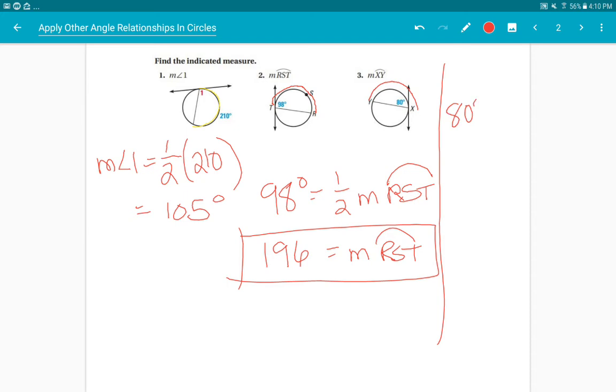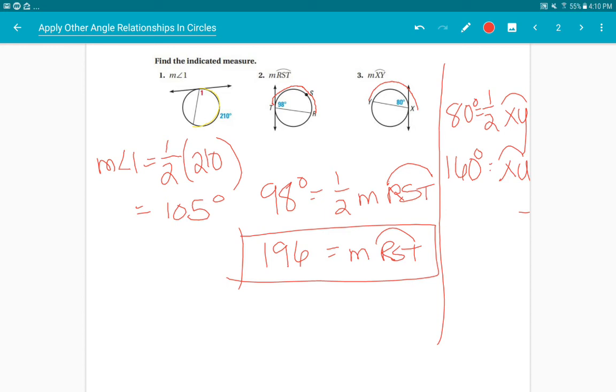So 80 is equal to 1/2 of arc XY. Then 160 is equal to the arc XY. All right, and there you go. There's your answer for that one. So again, this is another presentation of an inscribed angle. This time, one of those segments is a tangent, but all the same rules apply here.